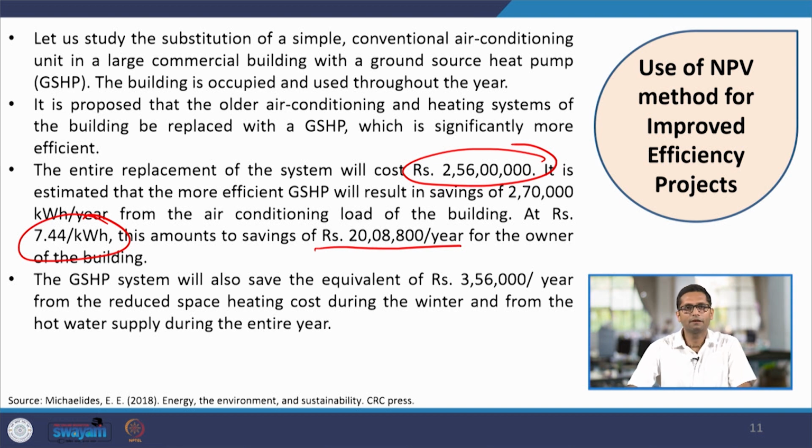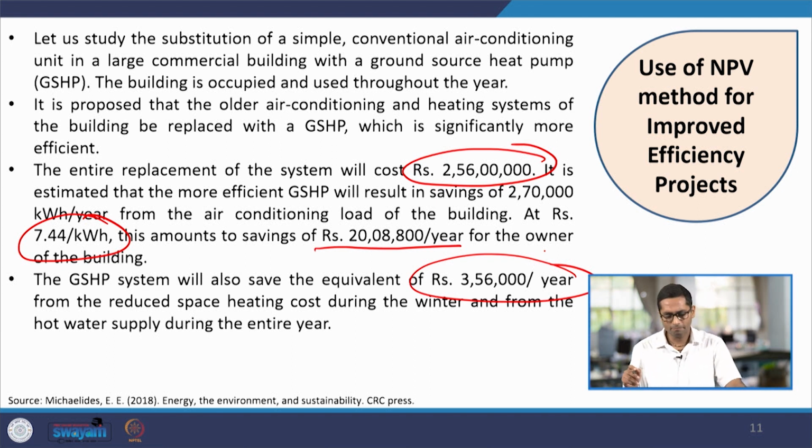Further, because this ground source heat pump also helps in building heating during the winter, it can also take on some of the heating load, which could save around 3.5 lakhs a year. So, what is happening here is that a business entity which has a huge office wants to update its cooling and heating setup, which earlier came from traditional air conditioners and heaters, and it is now going for a ground source heat pump. That would entail putting in a new system.